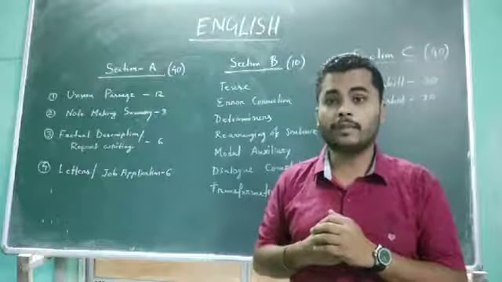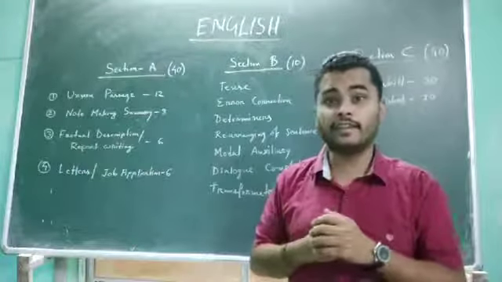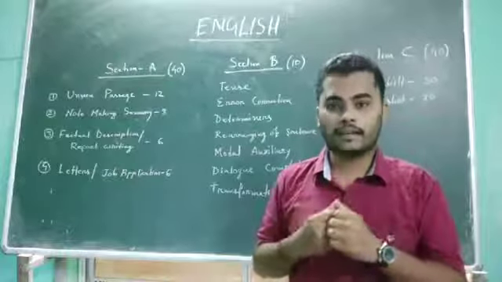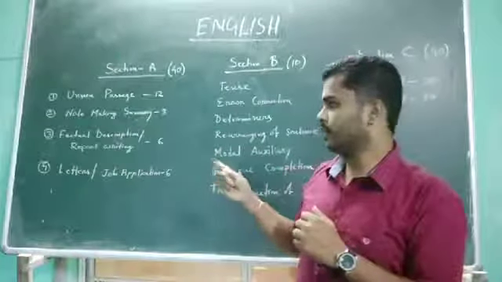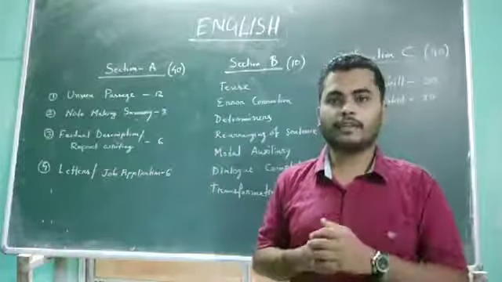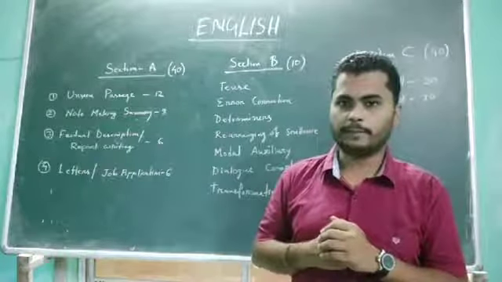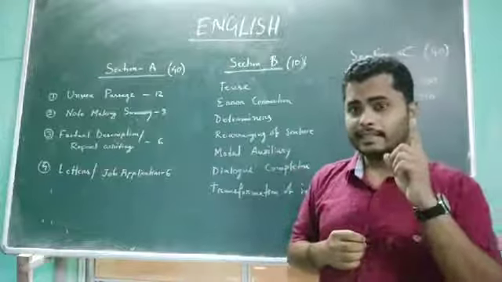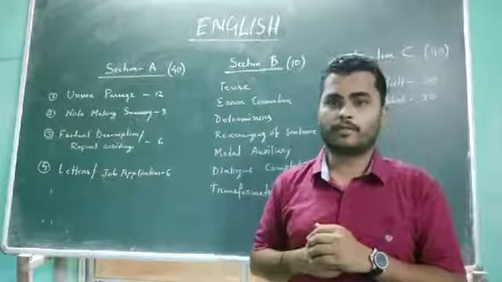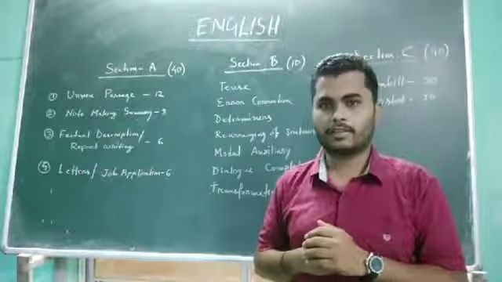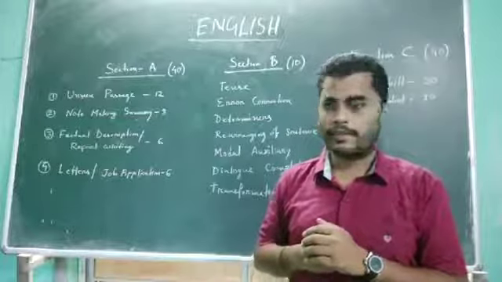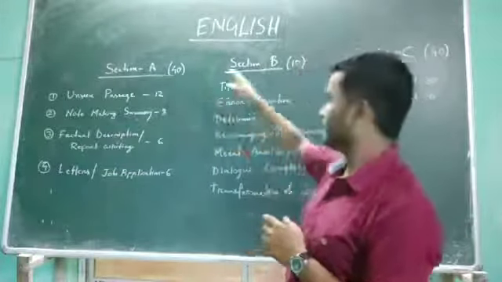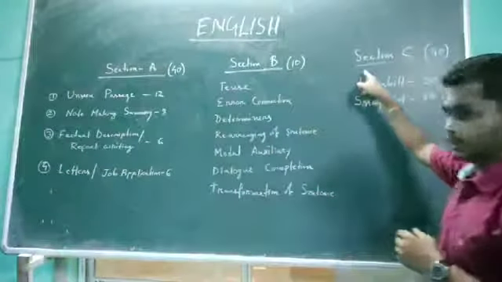We must have some difficulties in learning this language, but we have to study it by heart, and we have to attempt everything in the question paper. So first, you see, there will be 90 marks in your question paper. We'll have to study 90 marks of general English. And there I have distributed it into three parts: section A, section B, and section C.